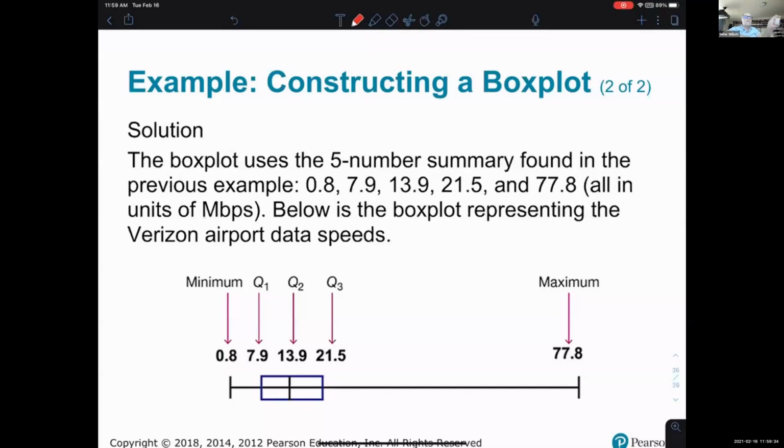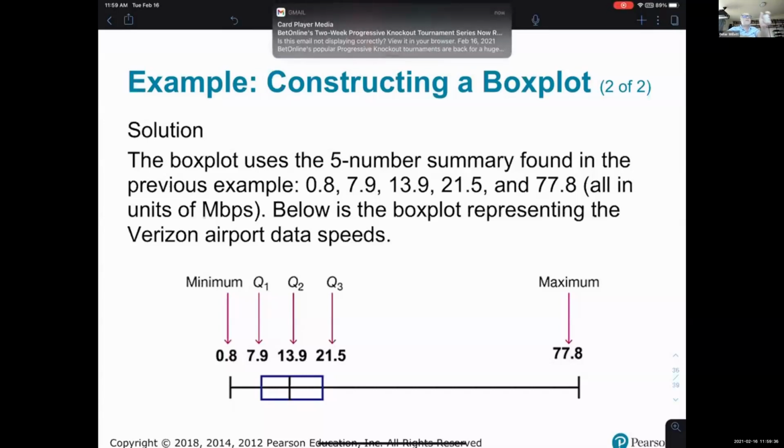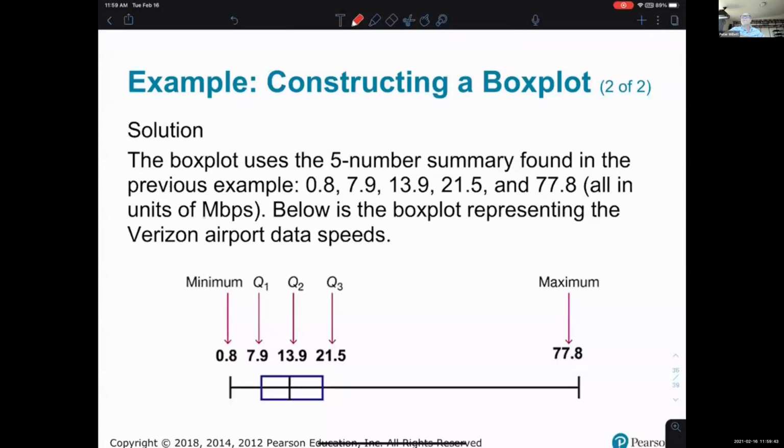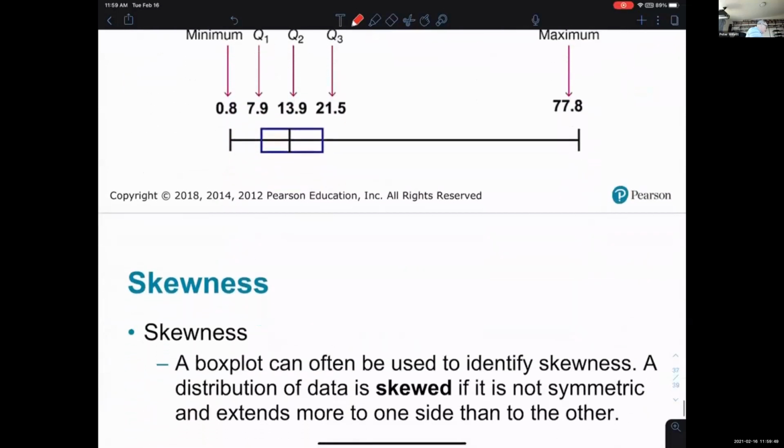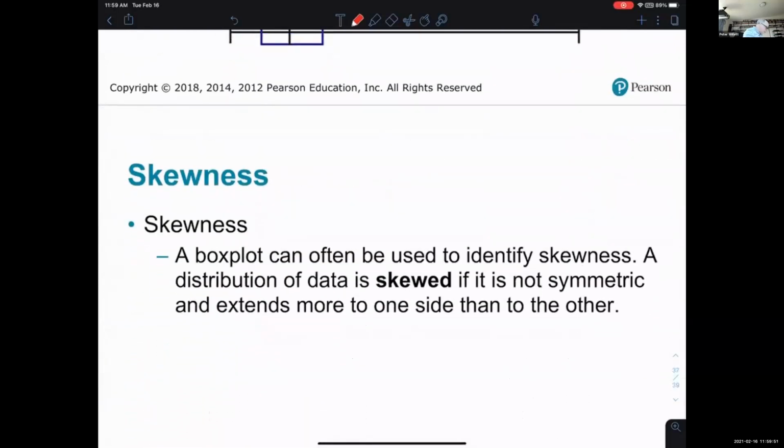It looks like there's about a range of values of 7 in each range, but then the top 25% gets stretched way up and flies up like 50 points above that. So it's a nice visual way to get an impression of the distribution of the data. And there's that skewedness that we talked about before.